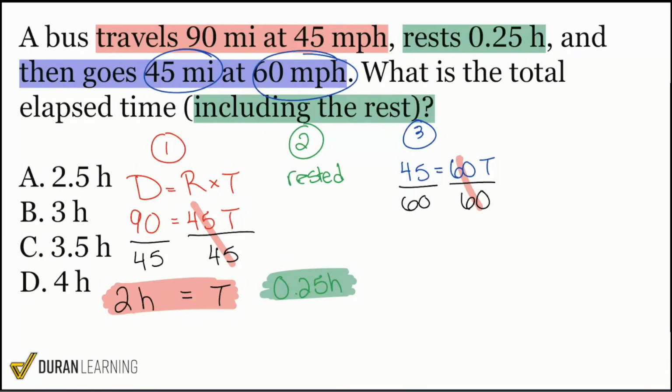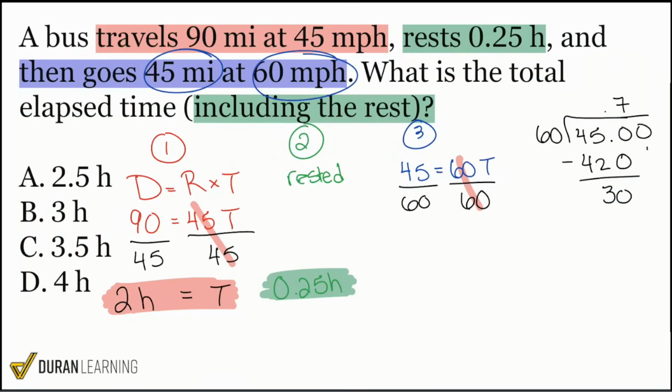And once we do that, we'll do 60 going into 45. 60 doesn't go into 45, so we have to use decimals and some extra zeros. From here, 60 goes into 450 seven times. 7 times 60 is 420, leaving us with 30 remaining.